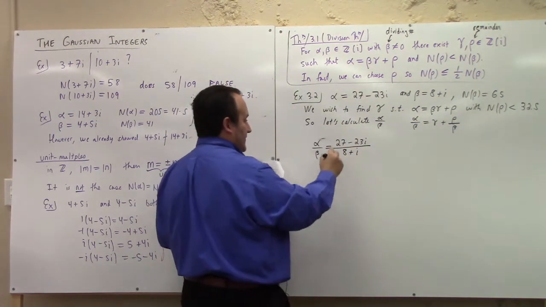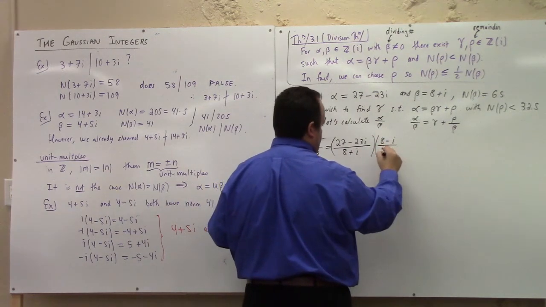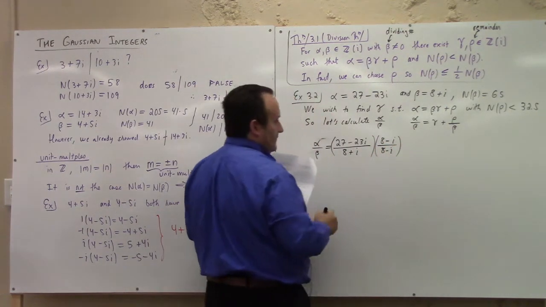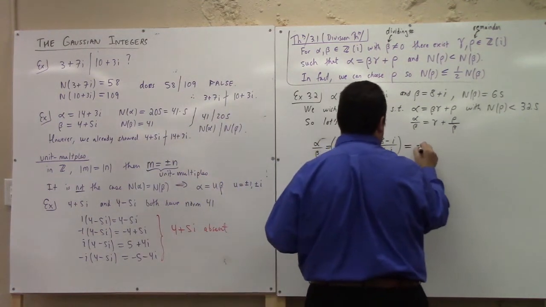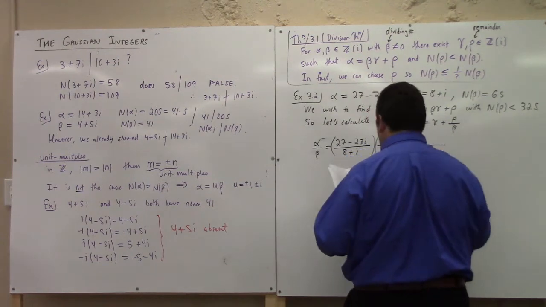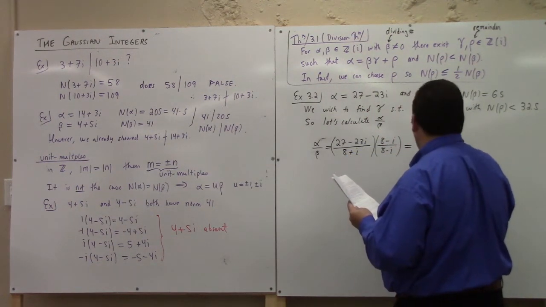We do our standard trick: we multiply by 8 minus i over 8 minus i. Downstairs we're going to get 65, and upstairs we're going to get 193 minus 211i. And work out the math.